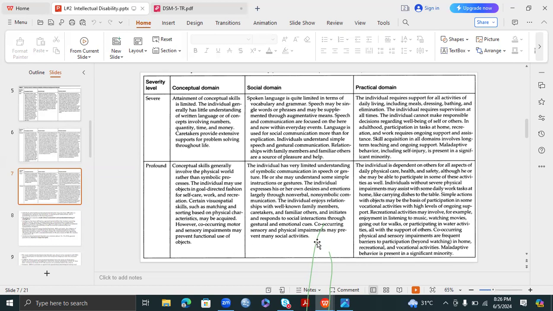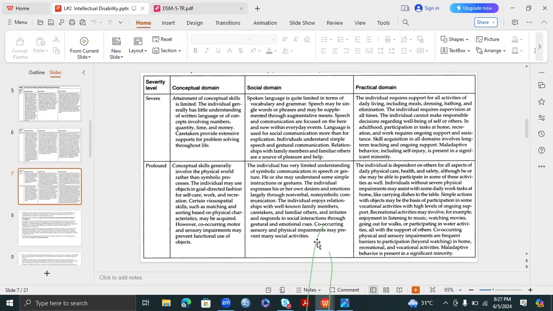When we are talking about the social domain for the individual, we have to expect that the spoken language is quite limited in terms of vocabulary and grammar. Speech may be single words or some kind of phrases, and sometimes it's very blunt to understand few words.